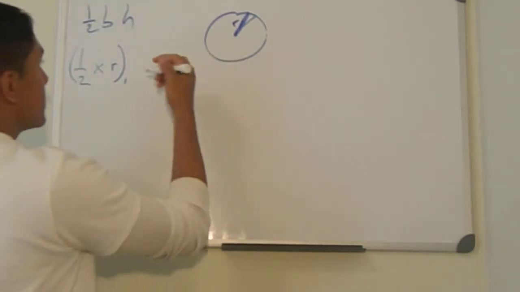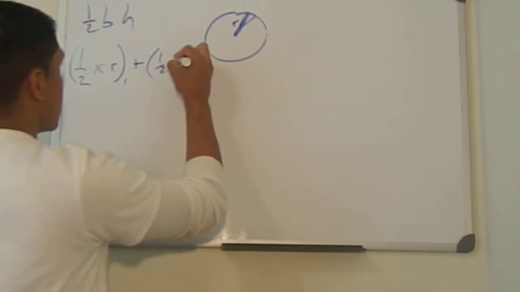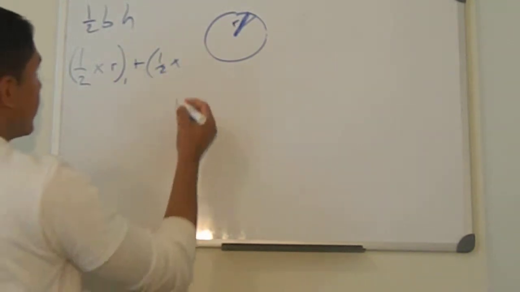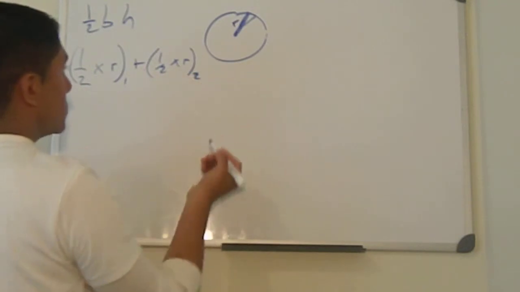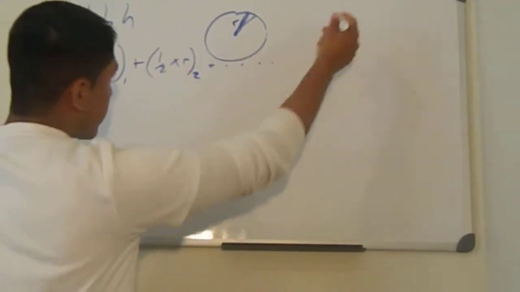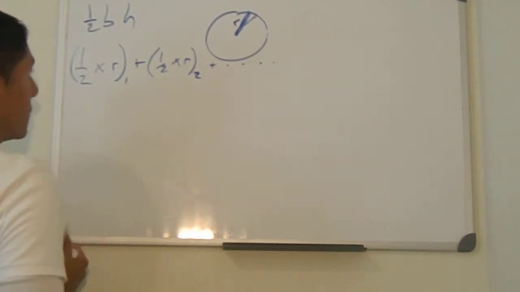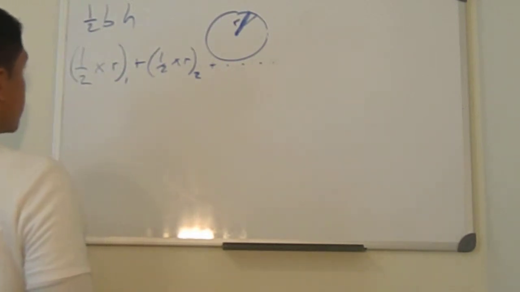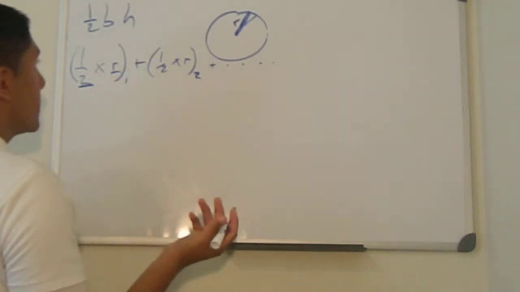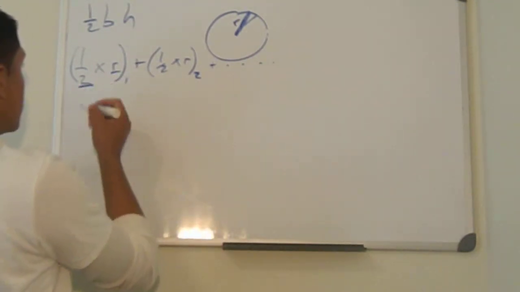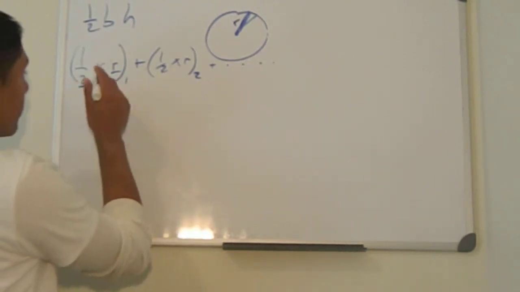And if we do this for all the triangles, we'll call the base again x and the height radius for triangle 2, plus triangle 3, and so on for infinity. So what we can do here is notice that we have a common factor, which would be convenient to pull out, which is 1/2 and r.